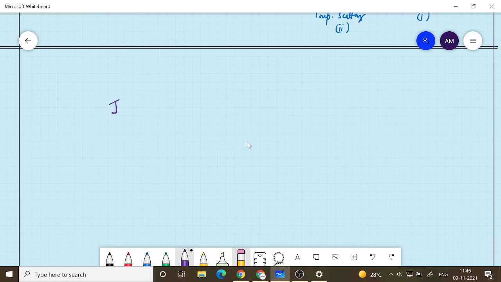So the total current due to electron is J. So this is total current density Jn, due to electron only. So there is drift plus Jn diffusion. Now if you remember, what is Jn drift?